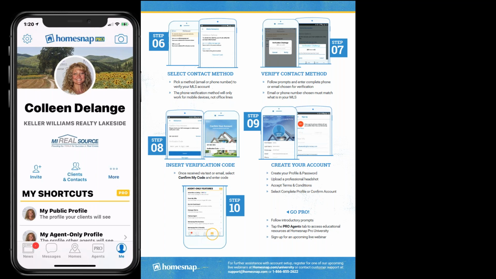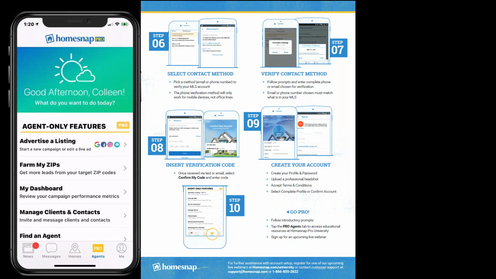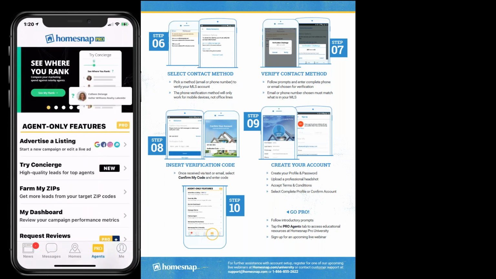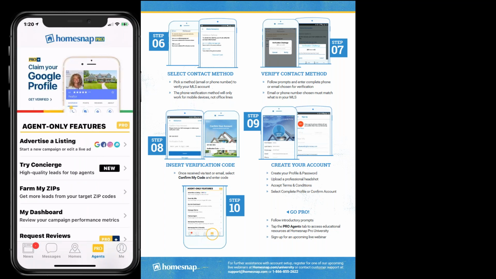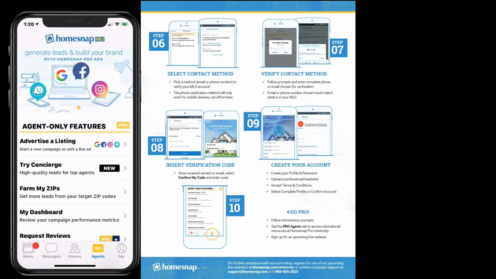If it does not say Pro, that means you're not getting all the bells and whistles that you're entitled to. And then lastly, you'll see the Me. So if you've downloaded the app and you're rolling ahead, that's fantastic. Just make sure you've got that Pro agent. It's really important because this is the exclusive part that you don't get through any other MLS.